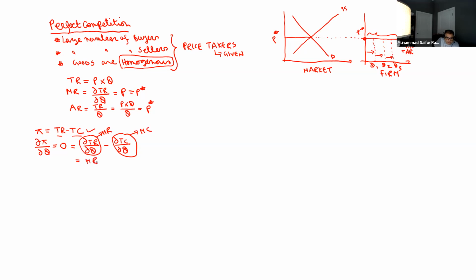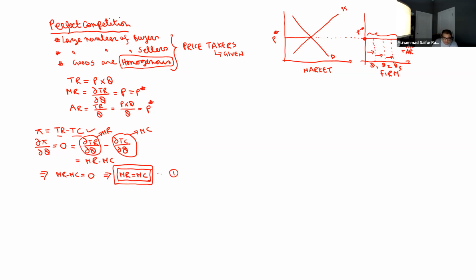If we substitute those expressions in the second line, we can find a very interesting condition that profit maximization needs to satisfy: the difference between marginal revenue and marginal cost has to be equal to 0. And when we reorganize that equation, we find a very familiar looking profit maximization condition where marginal revenue is equal to marginal cost.